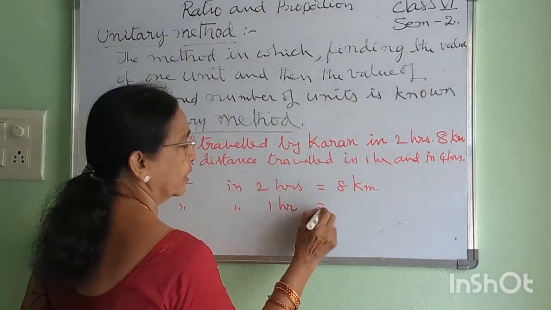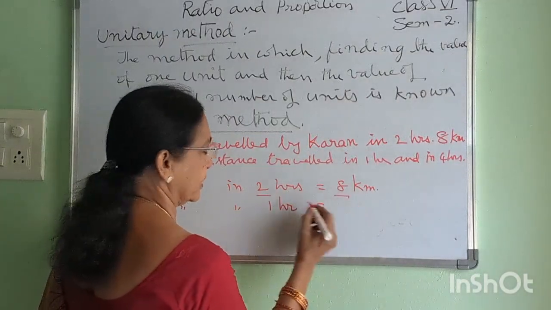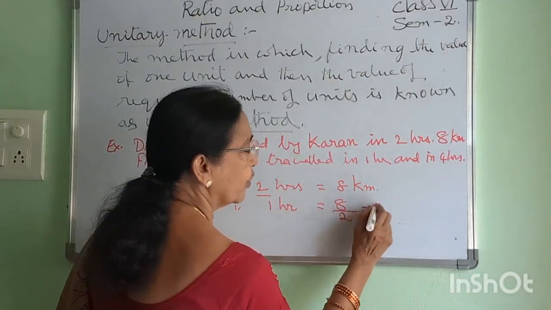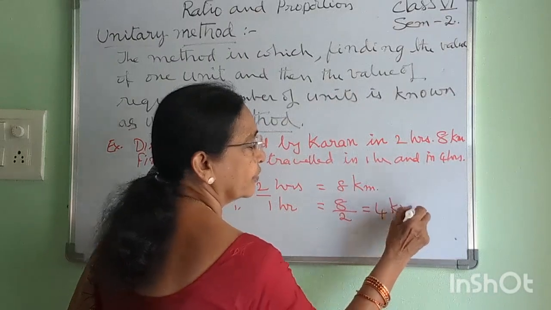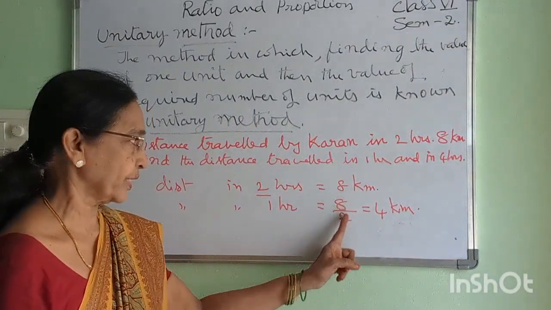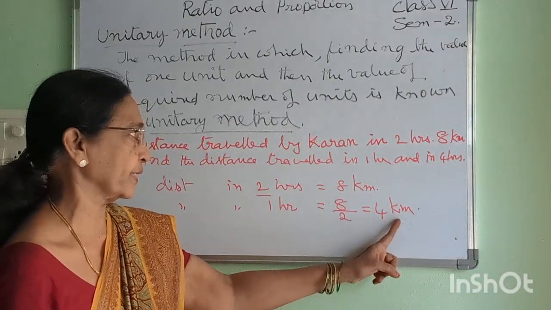In 2 hours, 8 kilometers. Therefore, in 1 hour, 8 by 2, that is equal to 4 kilometers.